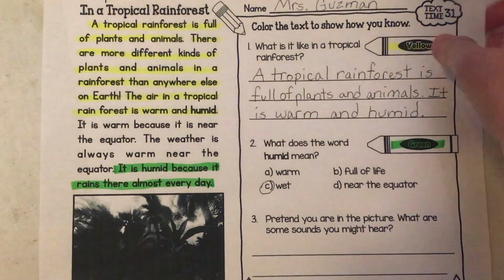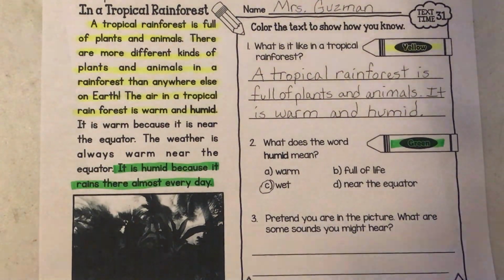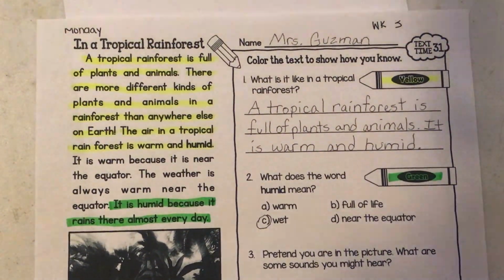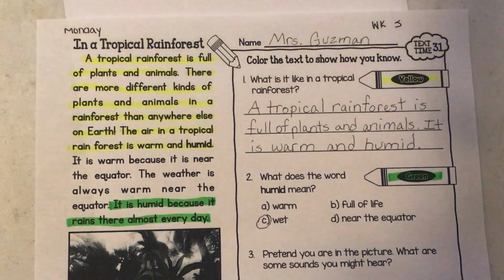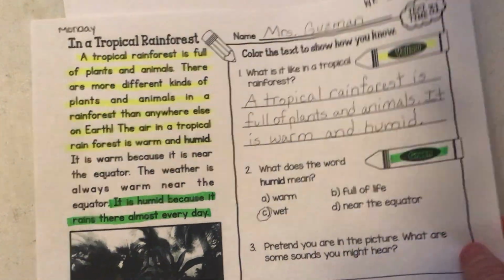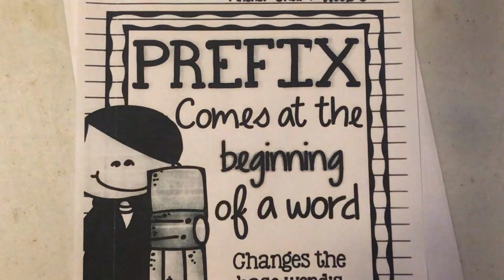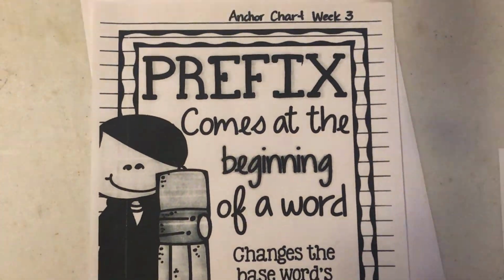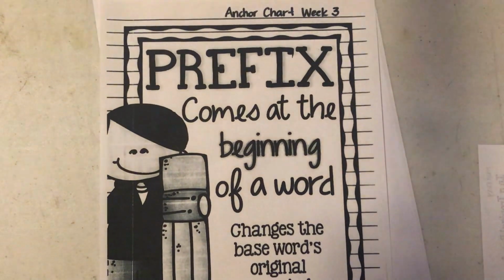All right. So make sure you have your name on your paper, and you want to go on to our writing lesson for today. Today we're going to go over our anchor chart about prefixes.